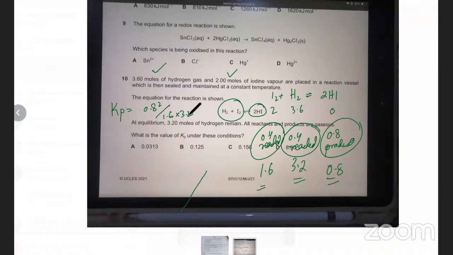If it wasn't equal moles, then you would have to find the mole fractions, then multiply the mole fraction by the pressure, and then put the values in the expression. You can only use this shortcut if you have equal moles on both sides, and that applies to Kc as well. In Kc, you have to use concentration, but you don't need to calculate concentration if you have equal moles on both sides. You can directly use moles in the expression. Okay, is that clear?